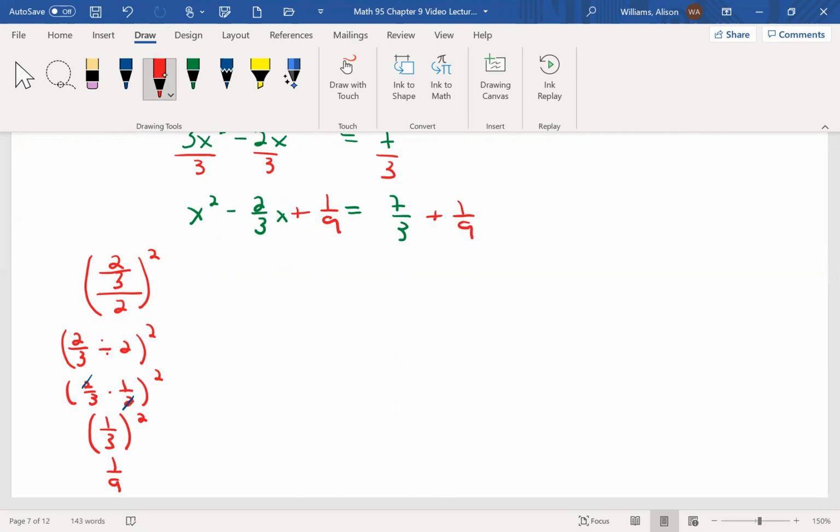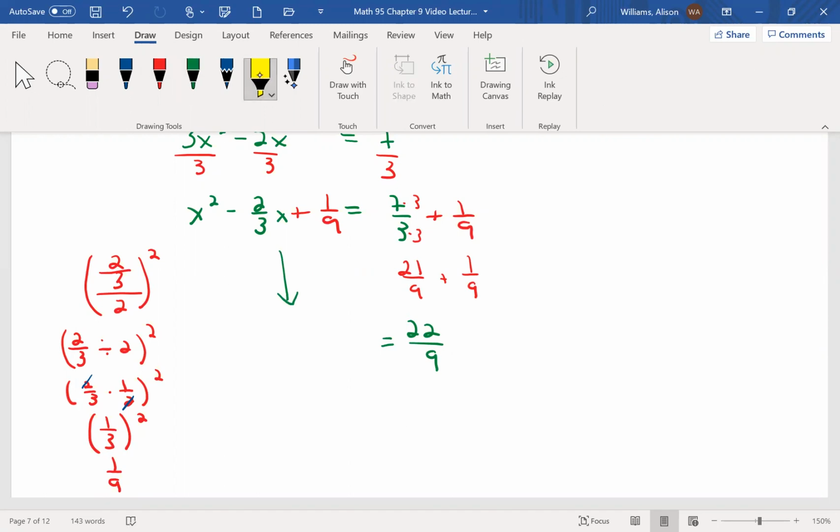So on the right side, in order to add that, I need a common denominator. So I'm going to multiply this by 3, or you could do this on the calculator. And 21/9 plus 1/9 is going to add up to 22/9. And on the left side, I'm going to factor this. And the way I'm going to do that is I'm going to use my trick.